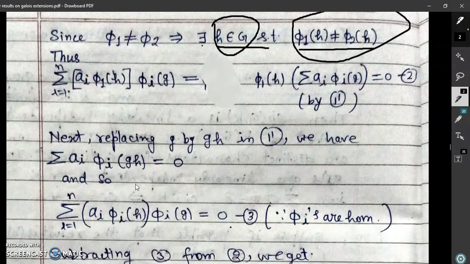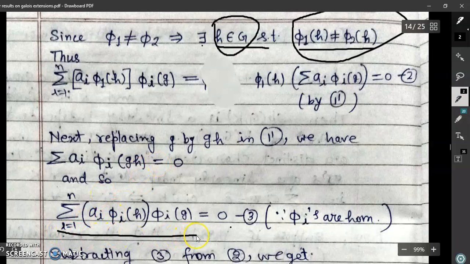So here, if we replace g by gh, then 1 dash will become this. And using the property of group homomorphism, phi i of gh can be written as phi i g into phi i h. So we write this equation as this.